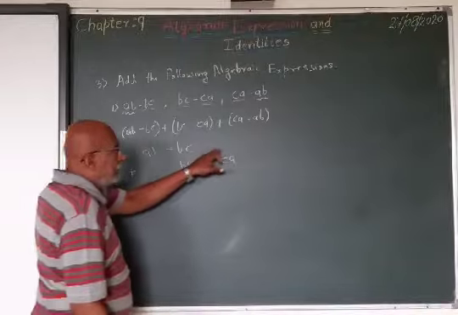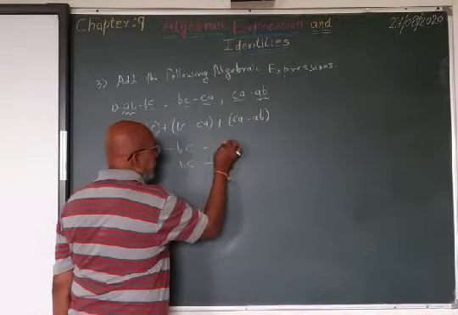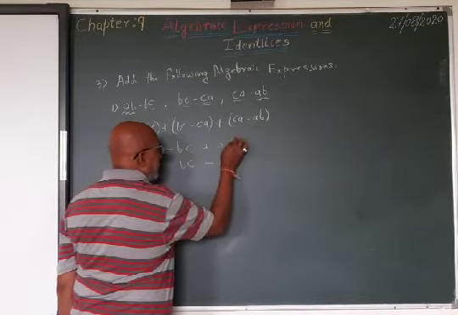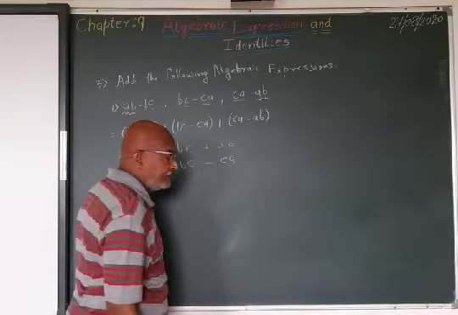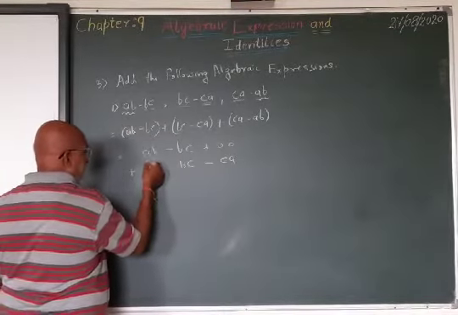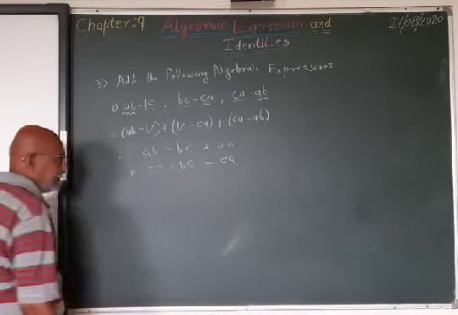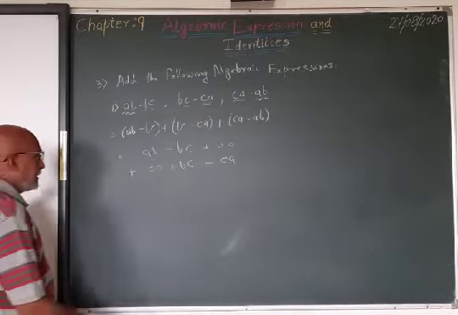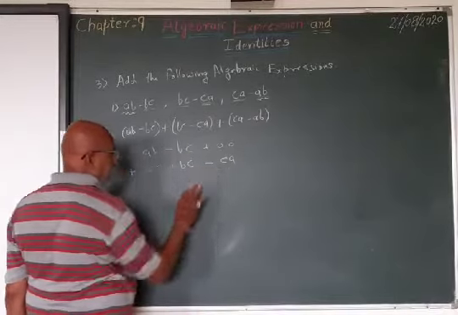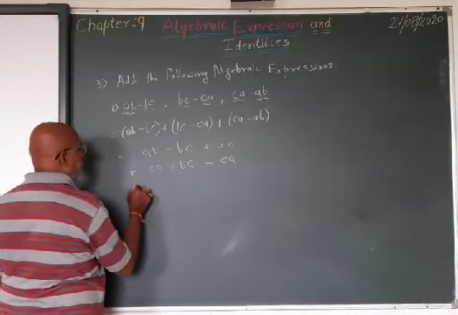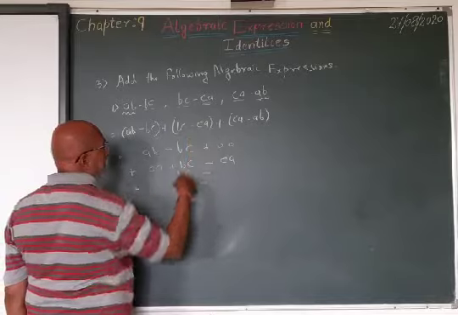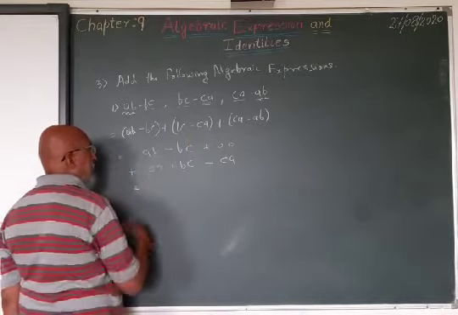Now here there is no term, so you can write 0. Here also no term is there in the second one, so you can write 0 plus this. Got it? If you don't write 0, still it works, no problem. Plus, in the third one, CA minus AB.